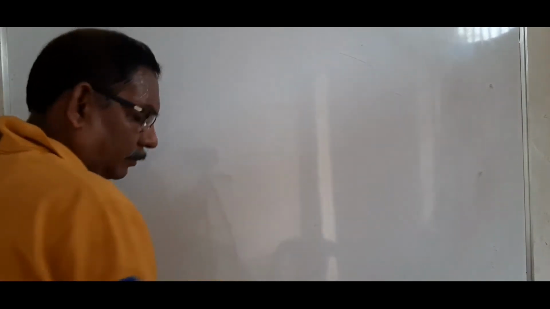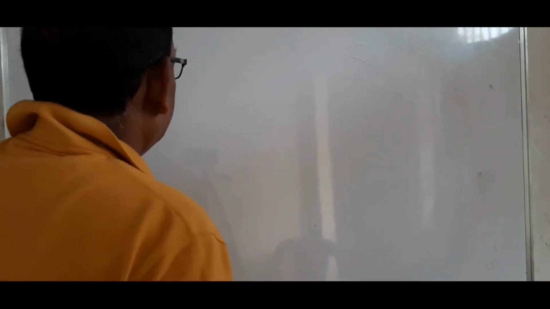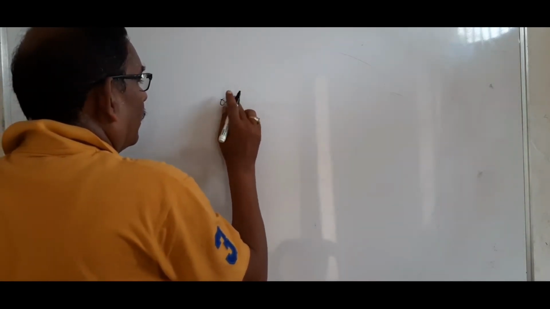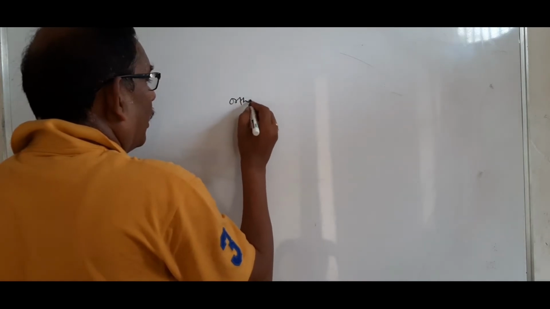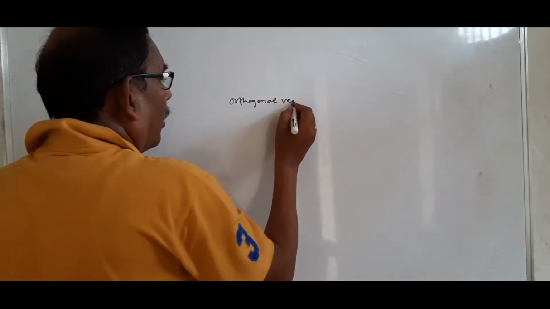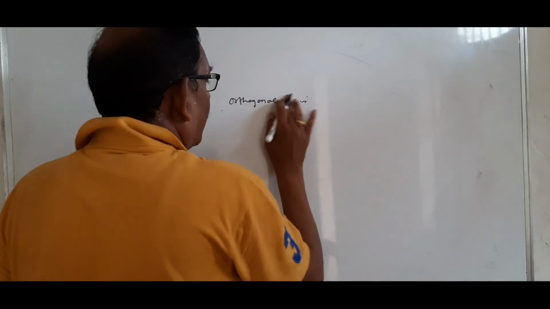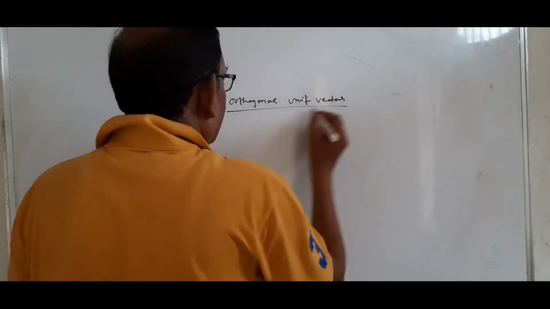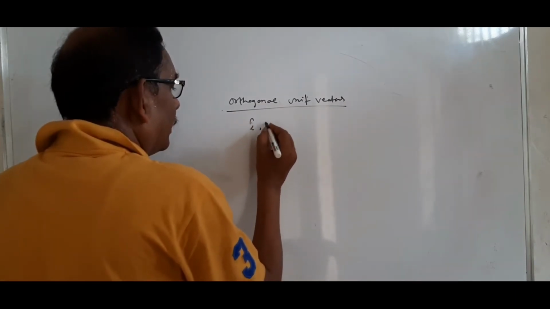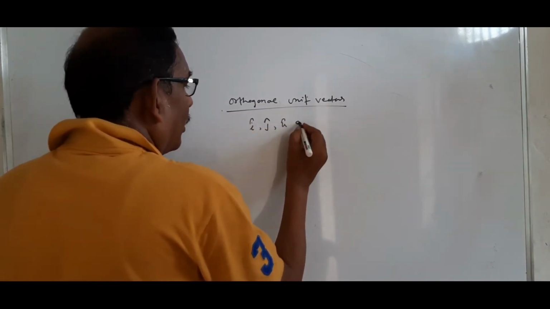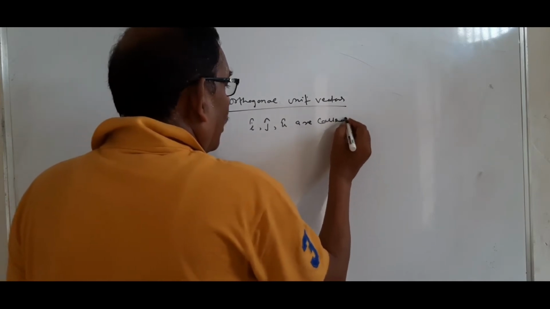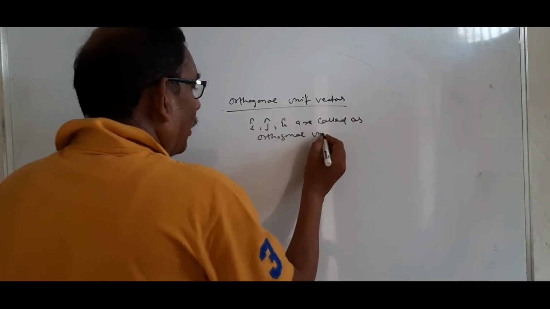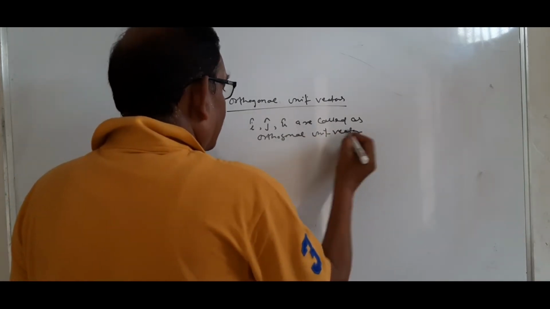Now, orthogonal unit vector. I, J, K cap are called orthogonal unit vectors.